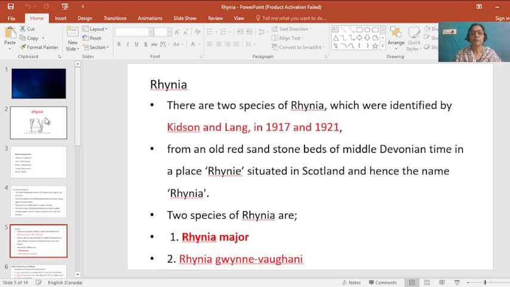Two species of Rhynia were reported by Kidston and Lang in 1917 and 1921 from the old red sandstone beds of Middle Devonian time in a place Rhynie situated in Scotland, and hence the name Rhynia. The two species are Rhynia major and Rhynia gwynne-vaughanii.